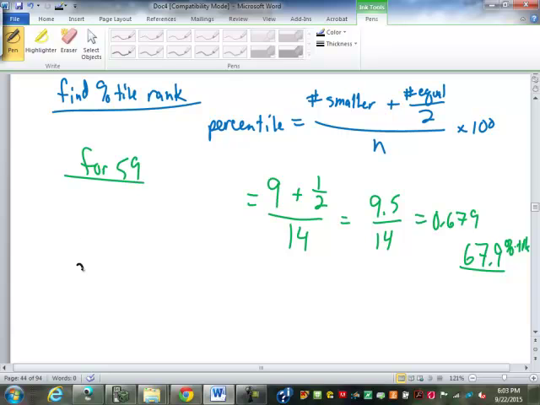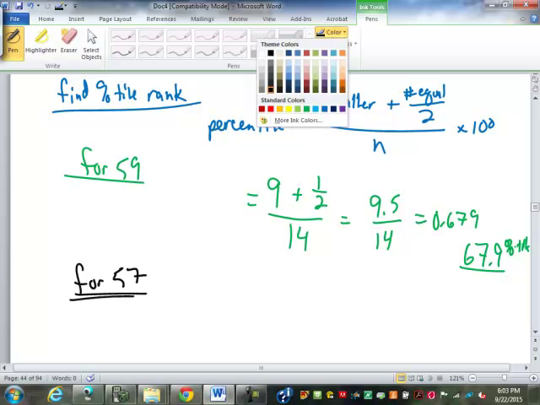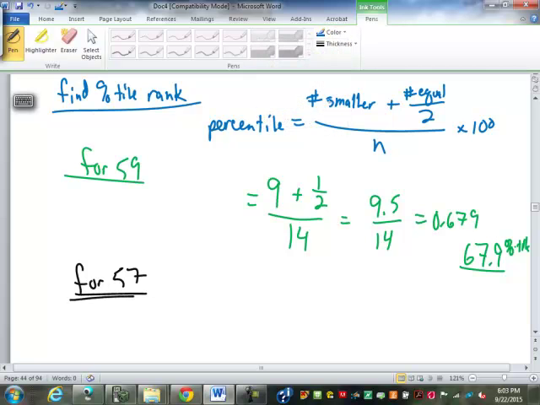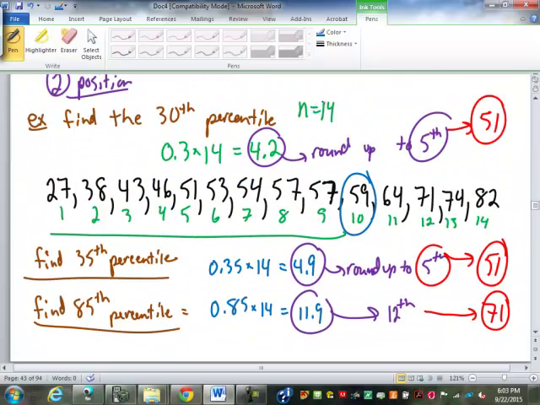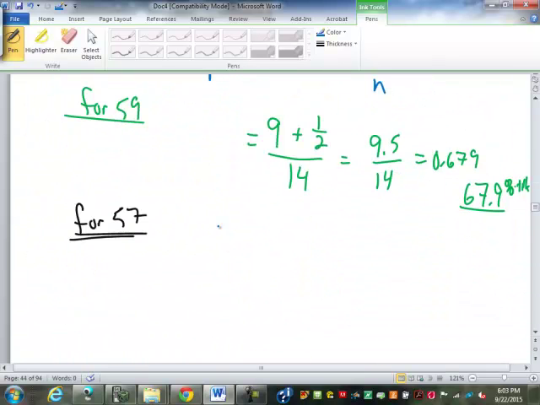Now, just because it's the only number that appears more than once in my list, let's find the percentile rank for 57. So here's the 57s. How many are smaller than 57? There's 7 of them. And how many are equal? There's 2. So that divided by 2 over n is still 14.